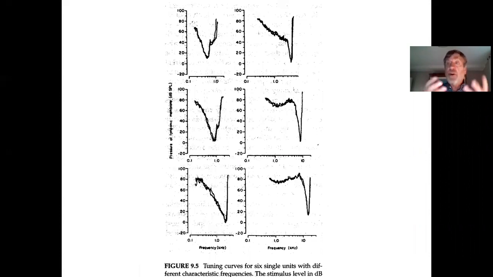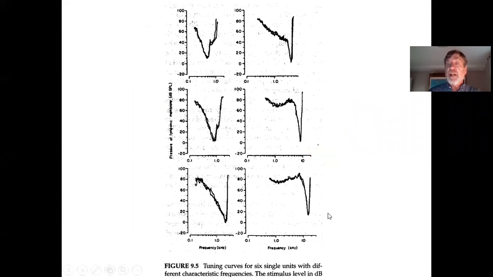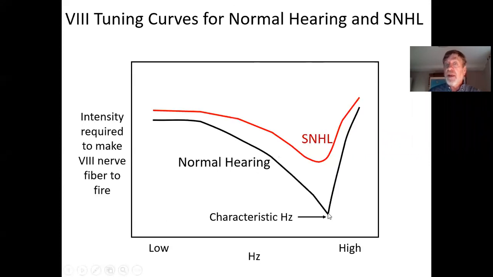All neuron fibers are firing because they're alive, but what's going to suddenly make them increase? And that's what I'm showing here too. I'm picking one tuning curve and bringing it closer, saying we can see that at one particular frequency, the fewest decibels are required to make that neuron fiber fire. If I try to make it fire with other frequencies, more decibels are required. Tuning curves.